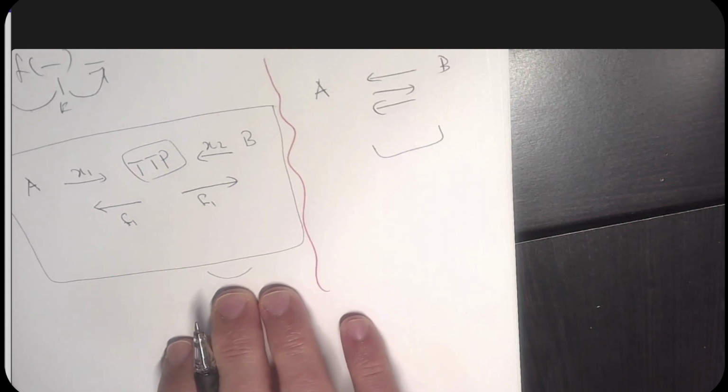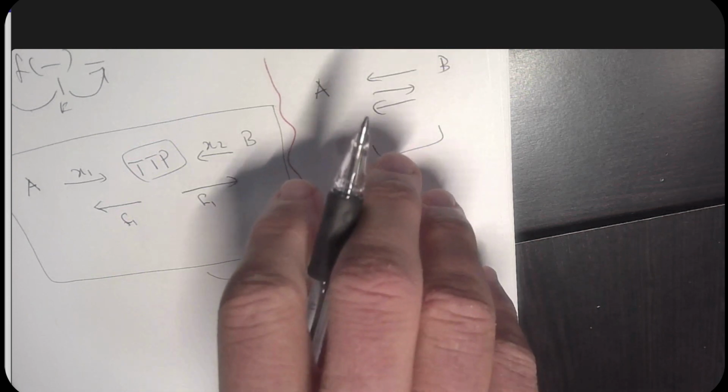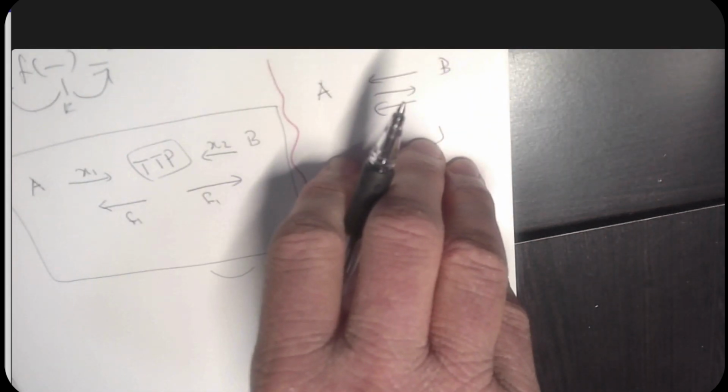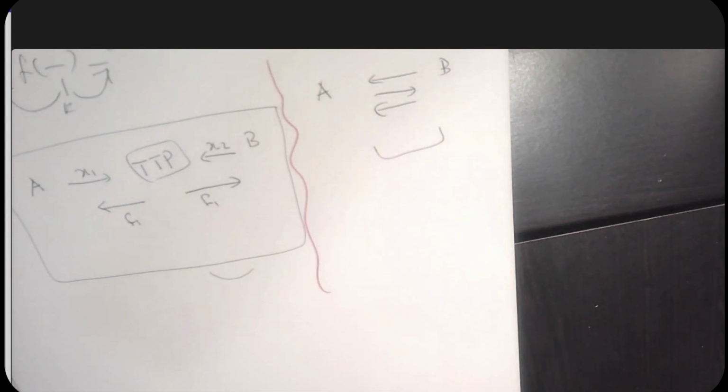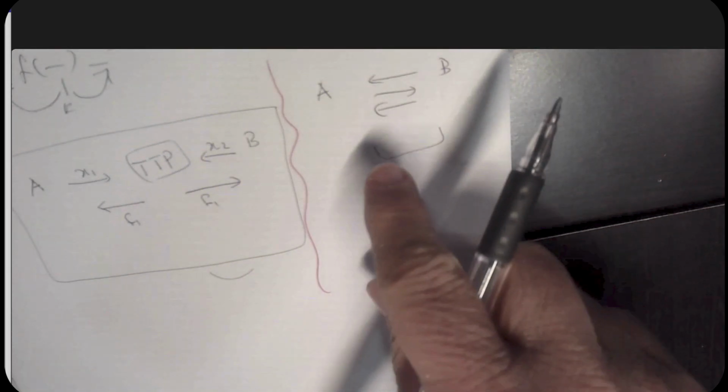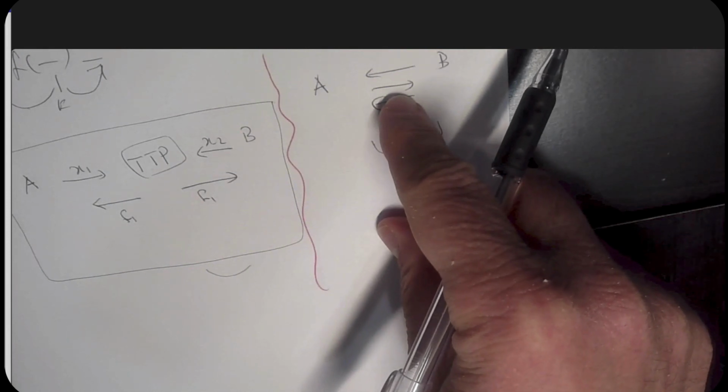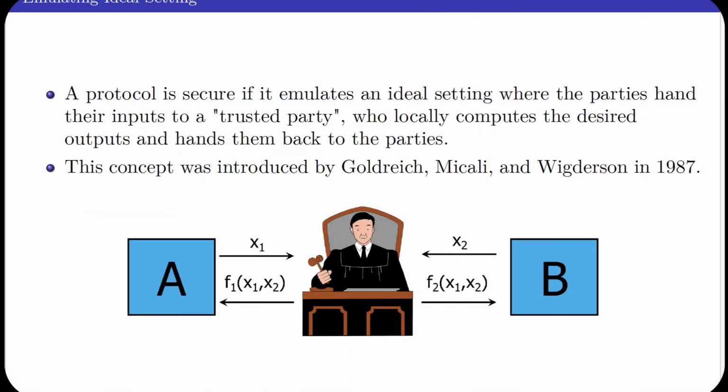That means we prove the security of the real-world protocol by comparing the adversary view, which we assume consists of all the messages received by each party, in the real model with the actual protocol execution, to the view in the ideal model with the trusted party, so you can easily assess the protocol security. We're going to have an example later in detail.